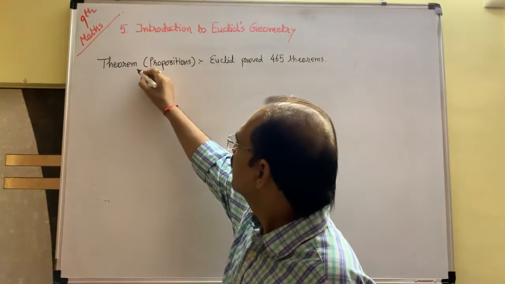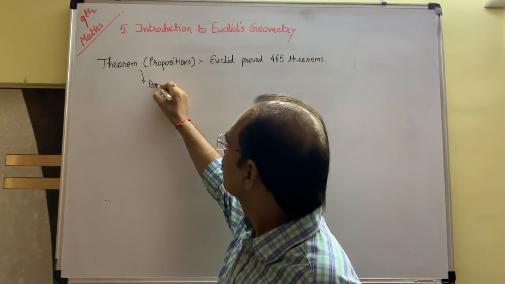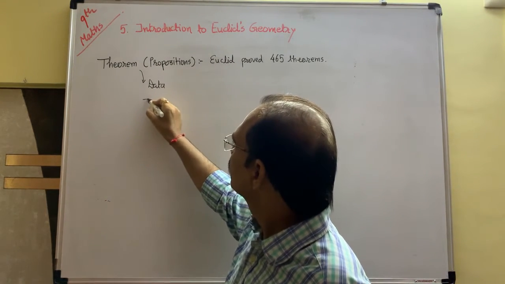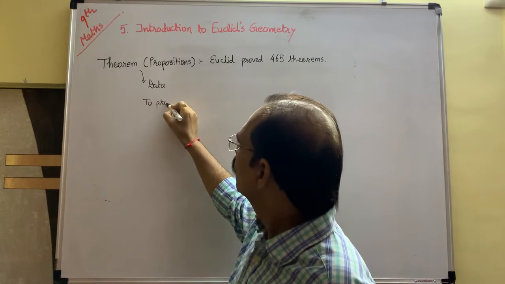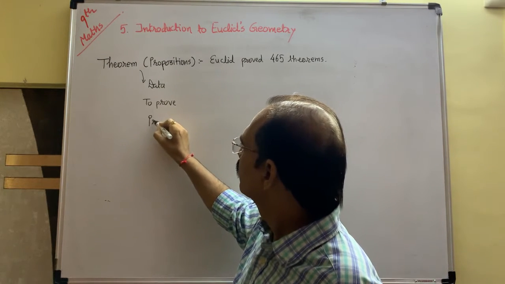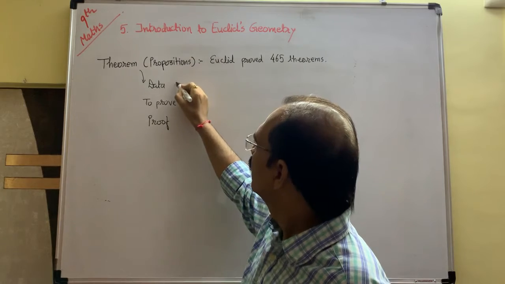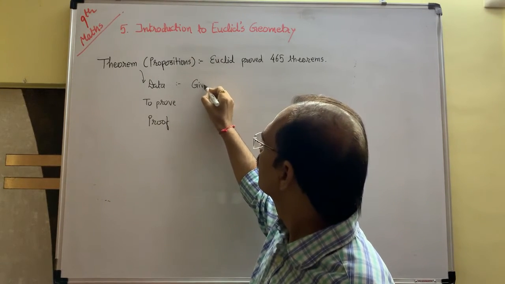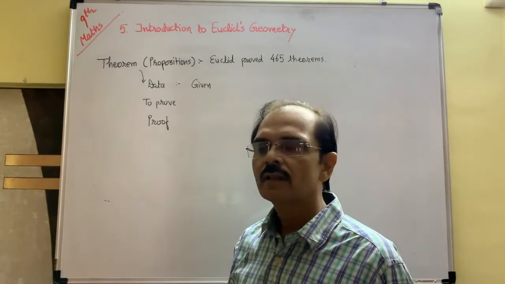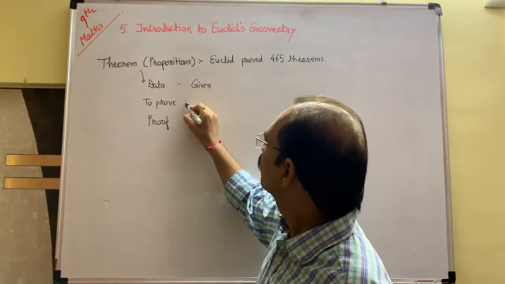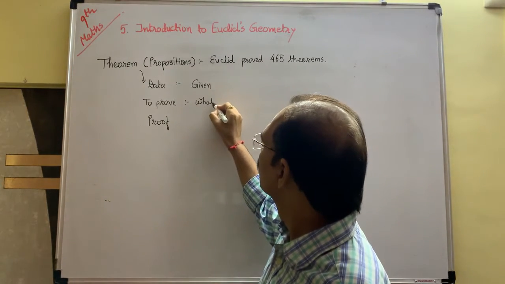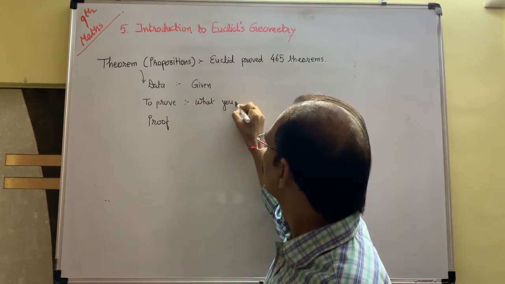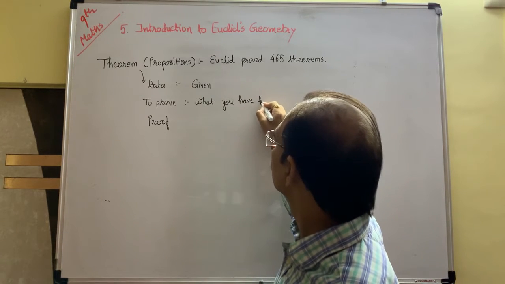Now, a theorem is divided into three parts: data, to prove, and proof. Data means what is given. To prove means what you have to prove.